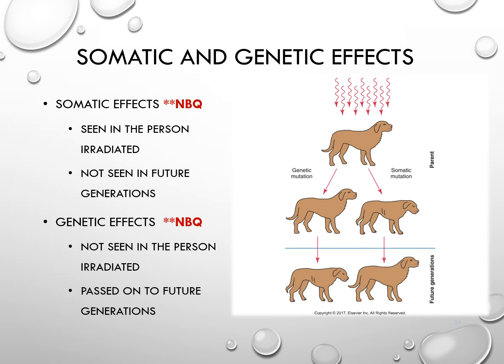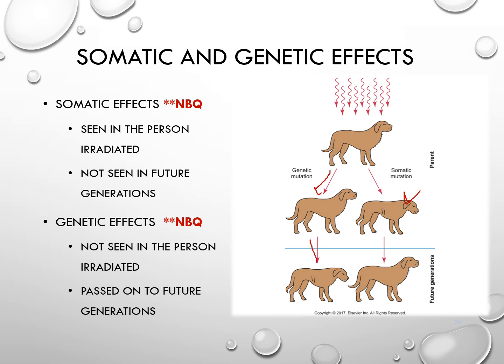And then here is a depiction of what I was just talking about. So somatic effects are seen in the irradiated person. You can see the dog on the top here. That dog is being irradiated. And if it is a somatic effect, then we see the little arrow pointing over to this dog. This dog, you can see it looks a little smaller, a little more sickly, right? Because it's had an effect. Whereas if it were a genetic effect, then it would affect the reproductive organs of this dog, but we wouldn't see that in the actual dog that was irradiated.